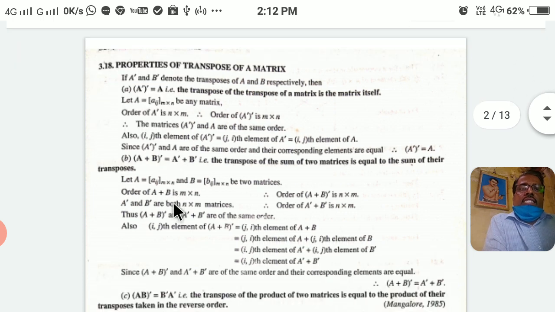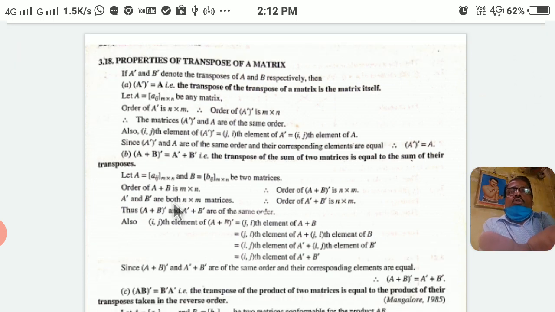Next we see what are the properties of transpose of a matrix.